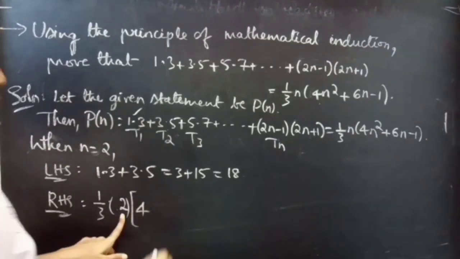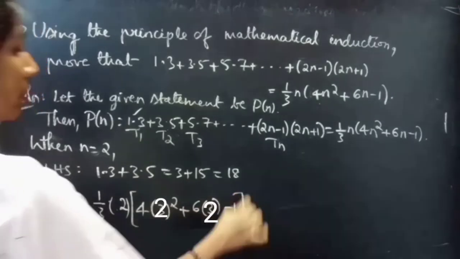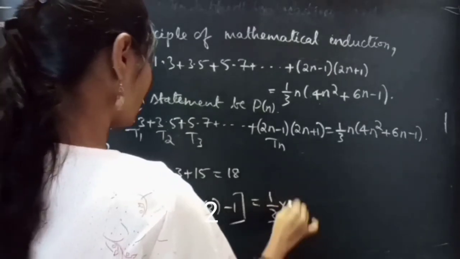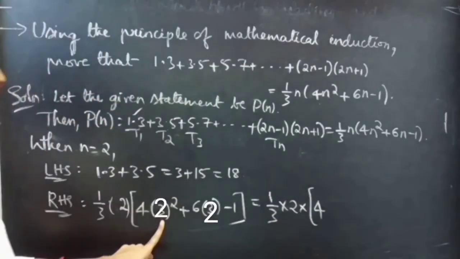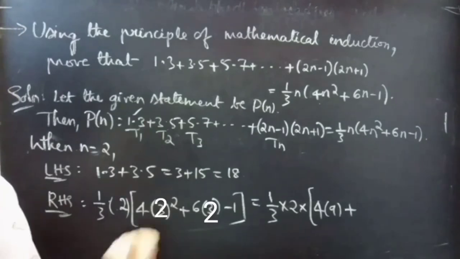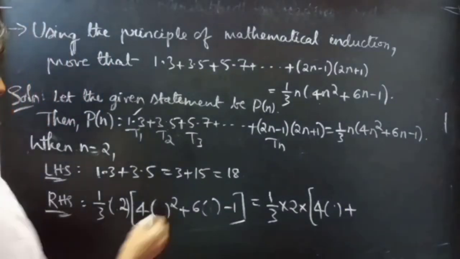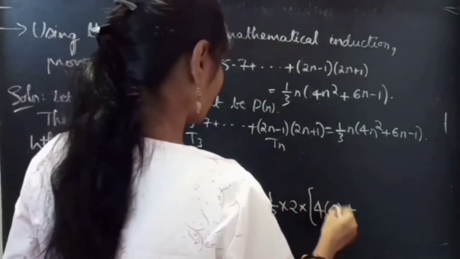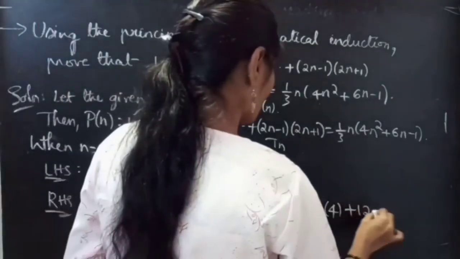Now substitute n equals 2 in RHS, then you'll get 1 by 3 into 2 into 4 into 2 squared plus 6 into 2 minus 1. Fine. 4 into 2 twos are 4 (4 into 4), plus 6 twos are 12, minus 1.